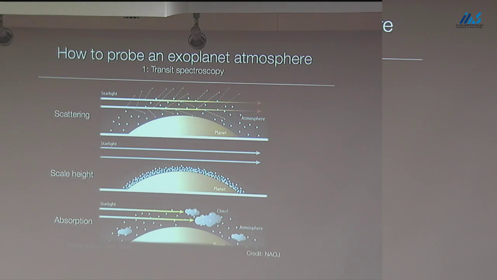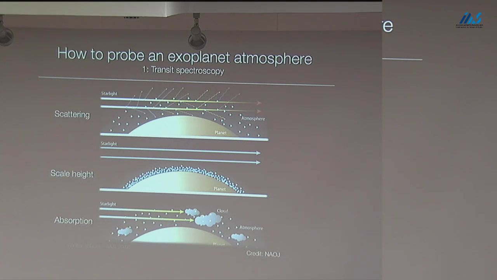Transit spectroscopy is quite useful to probe some properties of the atmosphere. As we will see, transit spectroscopy and eclipse spectroscopy are quite complementary to each other. So let's see the pros and cons of these techniques. It is quite good at looking at the scattering properties of the atmosphere.